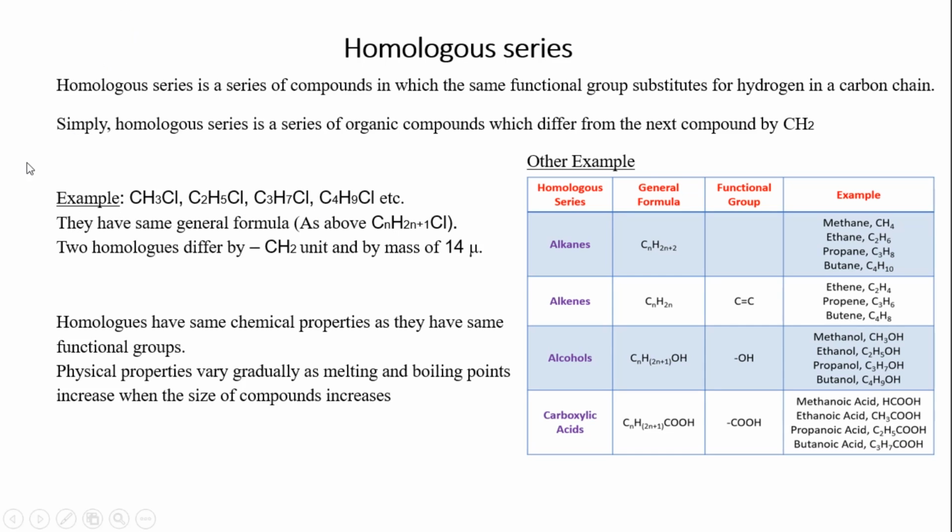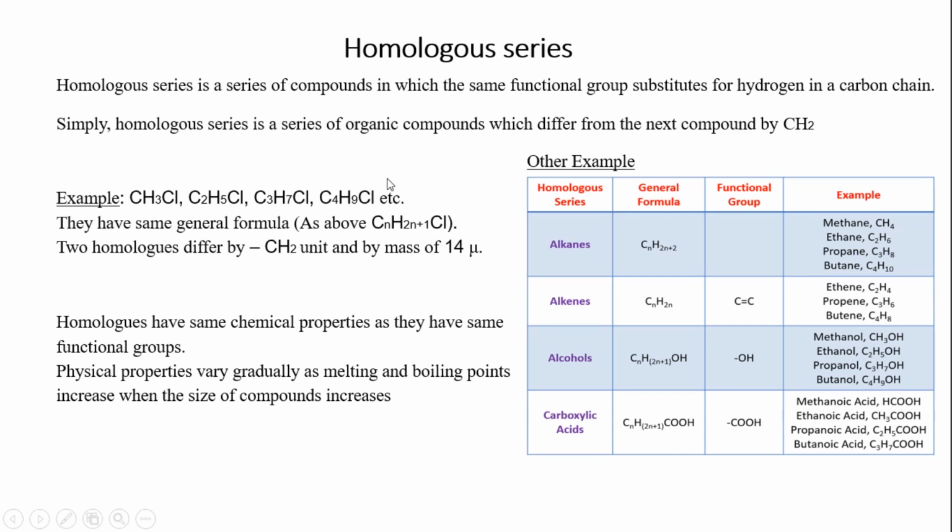Now, if I look at this series, the general formula of this will become CnH2n+1Cl, like over here for n equal to 1. The value of H is 3, that is 2 into 1 plus 1, CH3Cl. So only for this series the general formula is this.